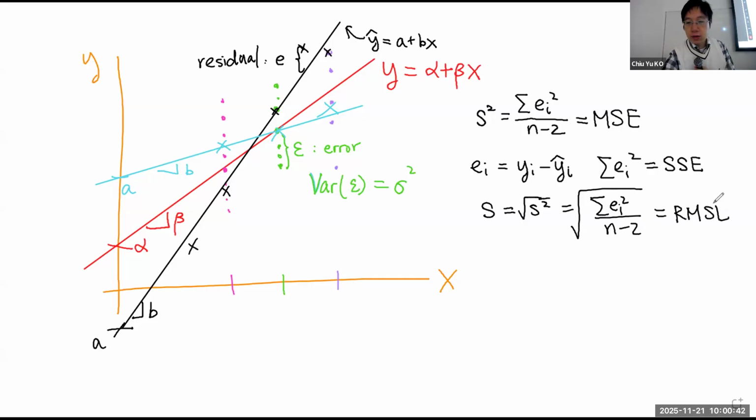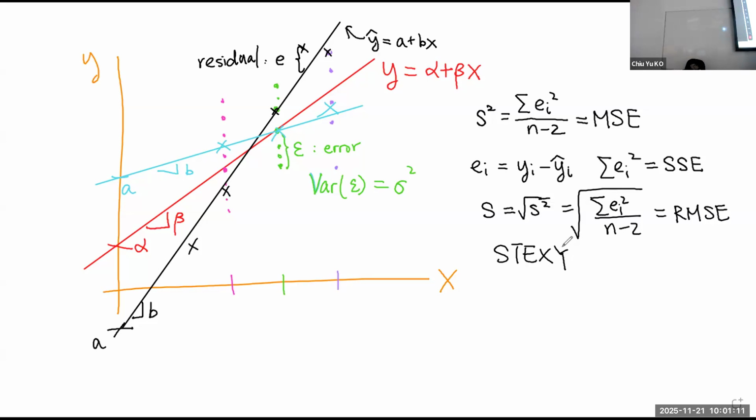This is also known as the standard error of estimate, or sometimes called the standard error of regression. And this is a very important thing. When you learn Excel, this is STEYX in Excel. So this is the equation.